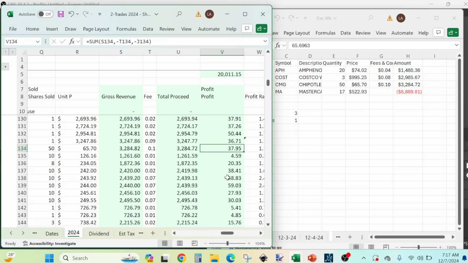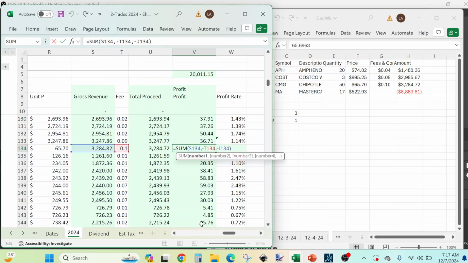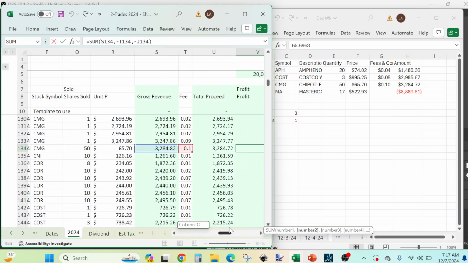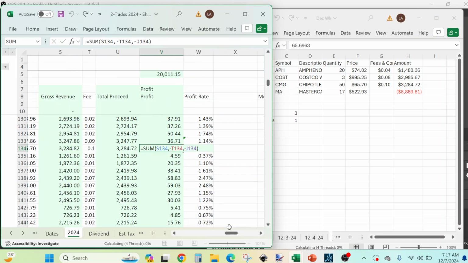And I think I'm just going to leave it like this. I'm not going to make any adjustment between the number of shares sold and the number of shares purchased. I hope I'm not messing up the formula here. But yeah, just showing you the formula.